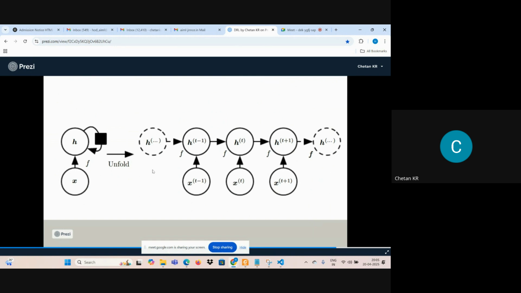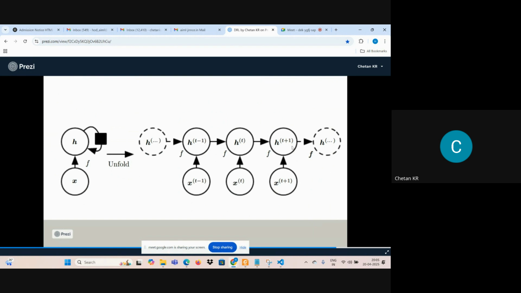So unfolding, as we normally say, is that from the x we apply to the hidden state and store it back so that we can use it for the next time. Here, the hidden state at t minus 2 will determine t minus 1 along with x of t minus 2. If I want to find h of t, what is required? h of t minus 1 and x of t. If I want to find h of t plus 1, I need x of t plus 1 and h of t.